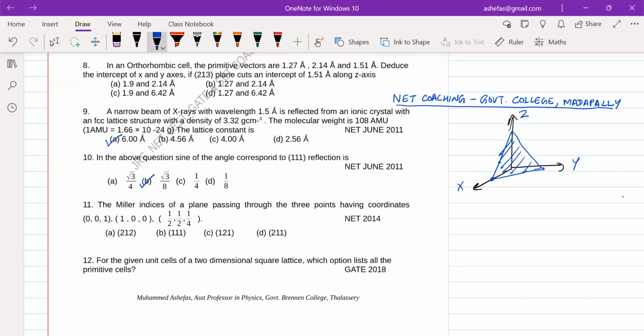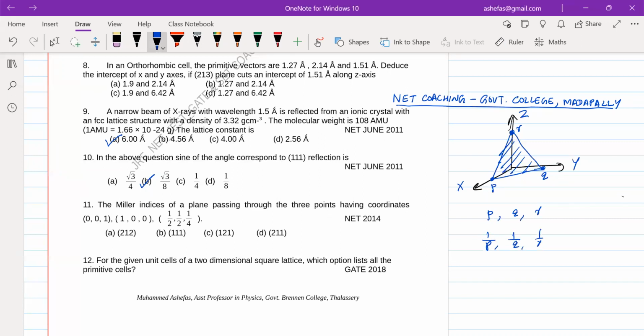Suppose these intercepts we denote by the symbols P, Q, and R respectively. So P is the X intercept, Q is the Y intercept and R is the Z intercept. First we list down the X, Y, Z intercepts. Then after that we find the reciprocals: 1 by P, 1 by Q, 1 by R.